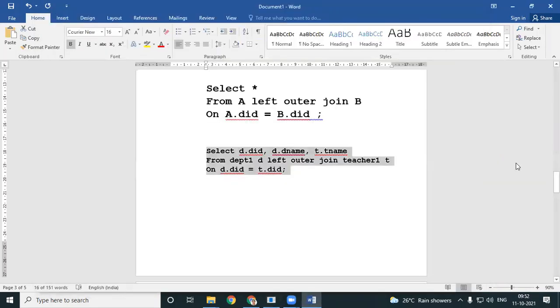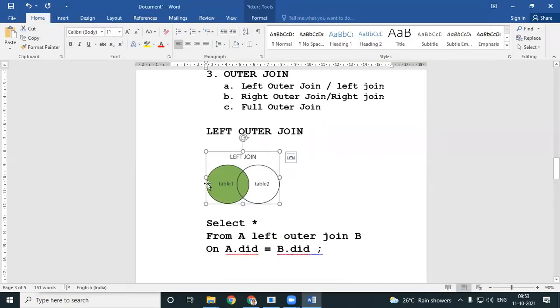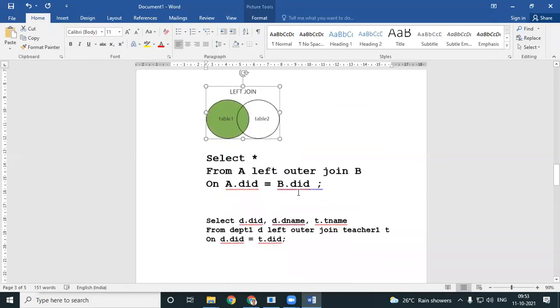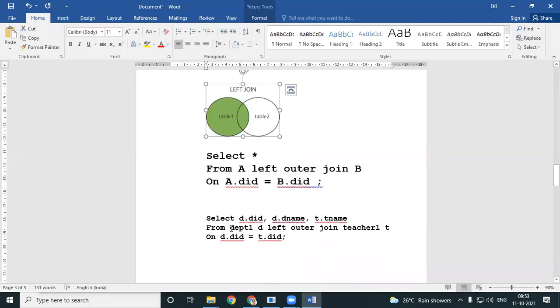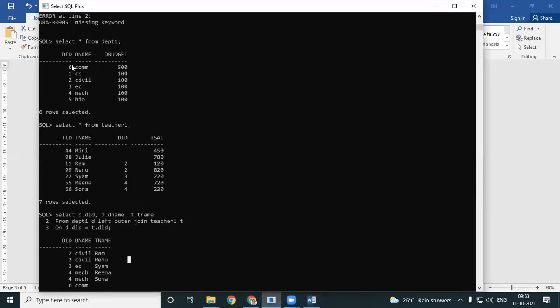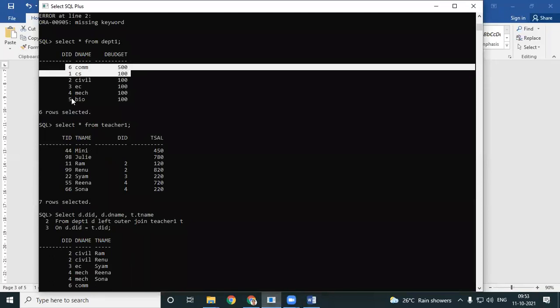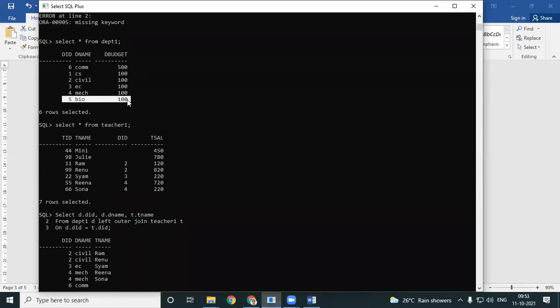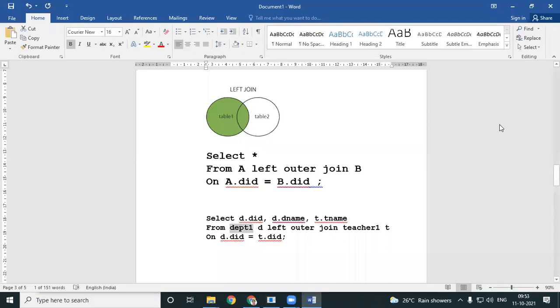Why does it come? Because the whole of my table 1 is taken. What is my table 1? My table 1 is department. So the whole of that table is taken, even though these three things do not have entries. I told you to remember these, isn't it? Commerce, CS, and bio do not have entries, but still, it is a left outer join.